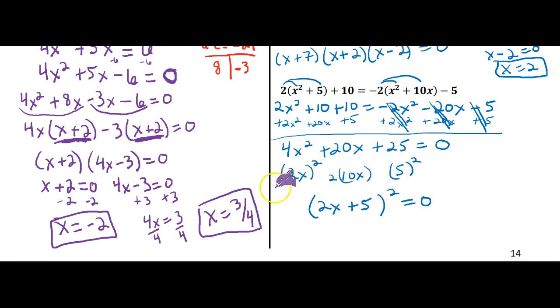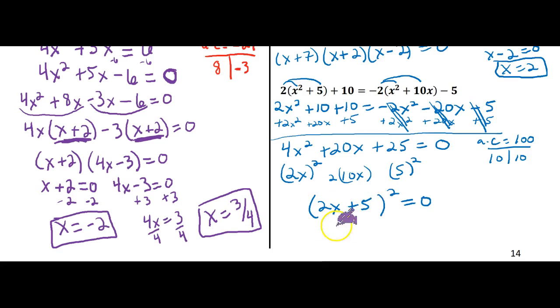That was one of those shortcuts, right? If you didn't want to do the shortcut, you could just multiply 4 times 25, get 100. You would need factors that are going to add up to 20, which I'm thinking 10 and 10. But then you'd have to rewrite that middle term and use grouping versus this shortcut, factoring a perfect square trinomial into a binomial squared was much faster. But both ways work, right? So really, I just have this one factor that's repeated.